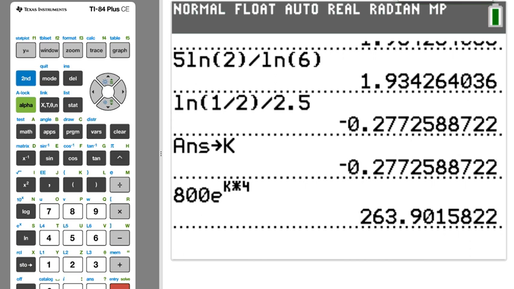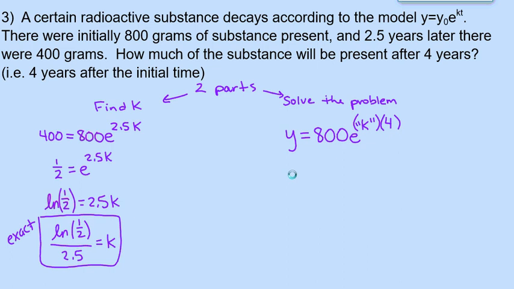For our answer, how much of the substance will be present after 4 years. So y is approximately 263.90. And what kind of units are we looking at here? Looks like grams.